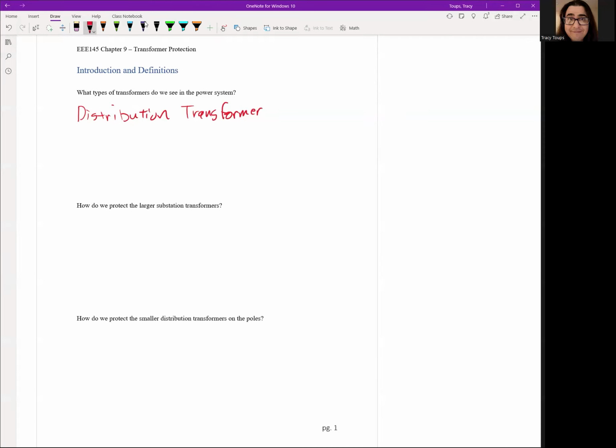Others would say anything in the substation is considered a transmission level transformer, and they're a little bit bigger. They're there to push a lot more energy than a small distribution transformer. So transmission level transformers are typically like 10 MVA, 20 MVA, maybe 50 MVA if it's really big.